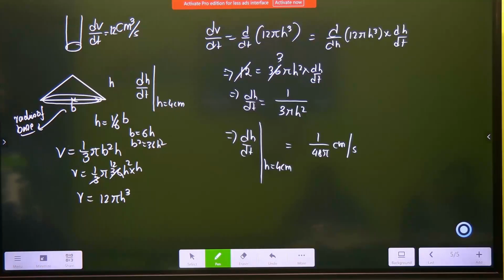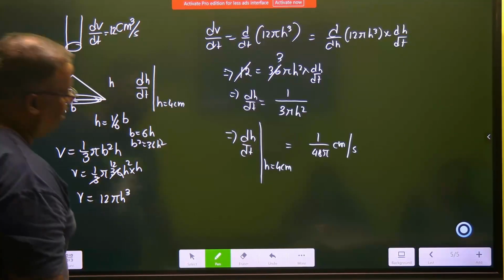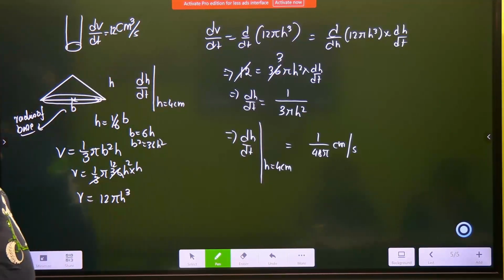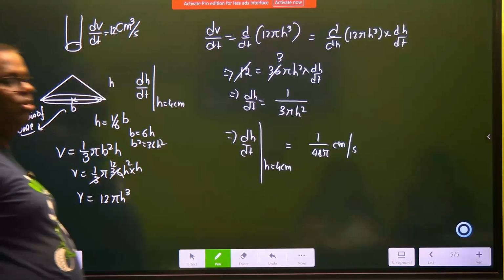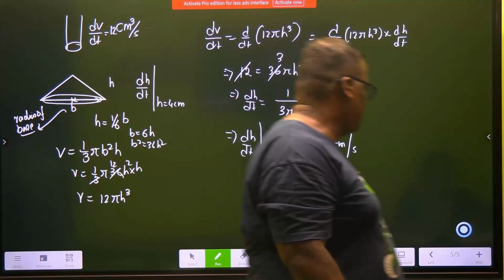Just see, 3 pi h square, h is 4, square 16. Check the answer. It should be this. Centimeter per second. Clear? Shall we do one more and then call it, and then you all take a practice.